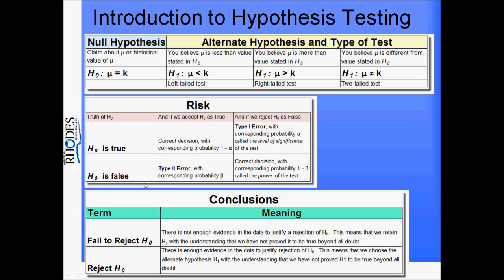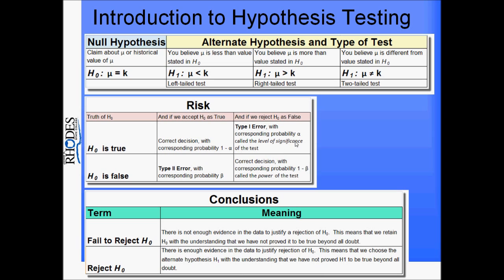And then let's say that H sub 0 is false, and we also reject H sub 0, meaning that we recognize that it's false. The statistical test says it's false. In that case, you made the right decision, and that probability, 1 minus beta, is called the power of the test.